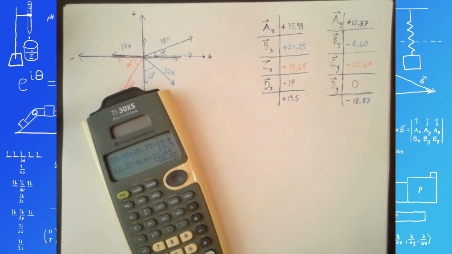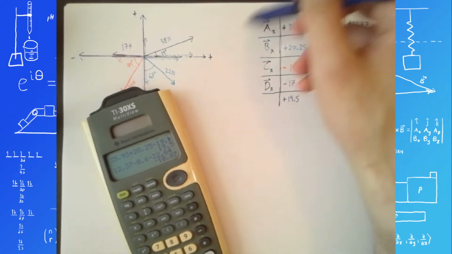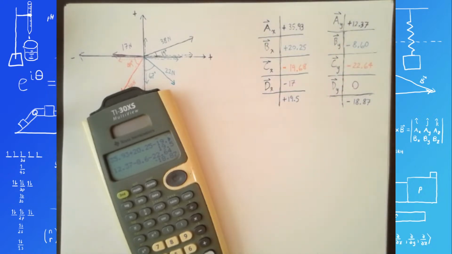And this is another advantage to just assigning positives and negatives to your directions. It eliminates the need to predict whether the sum is going to be upward versus downward, or in the case of this first set, right versus left.